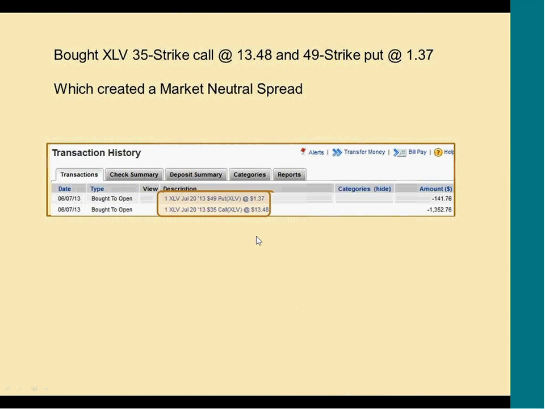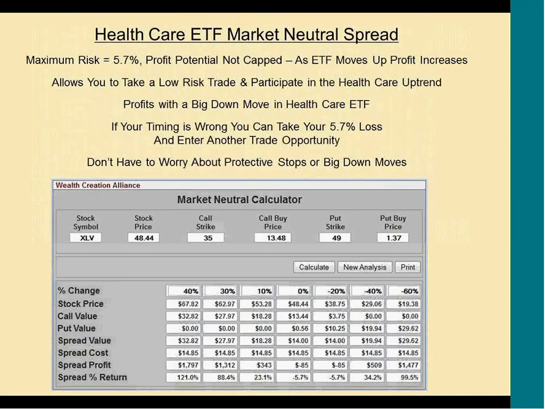It's in a very strong uptrend right now. So this allows us to establish a position in this healthcare sector with a maximum risk of 5.7%. So even if we're wrong, at option expiration, we can take another position. We can just take our 5% loss and then move on to the next trade.